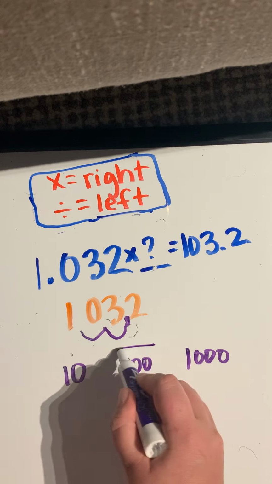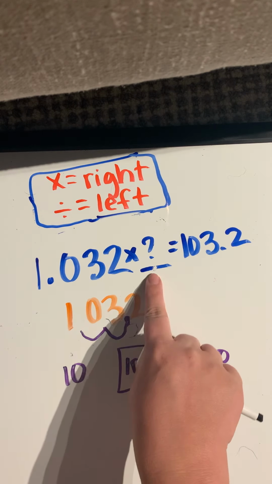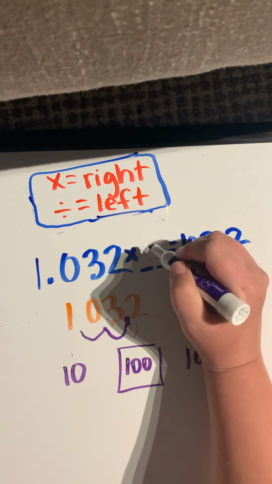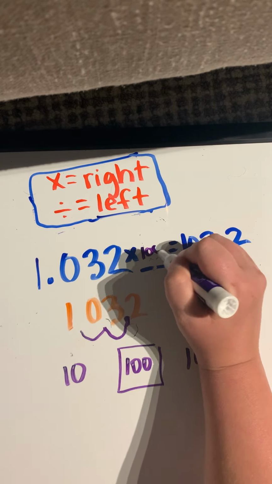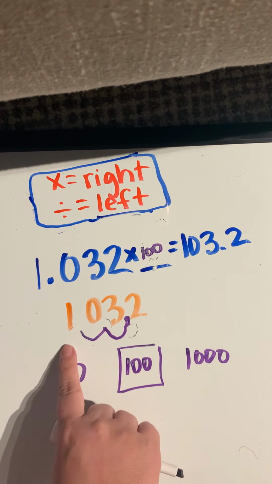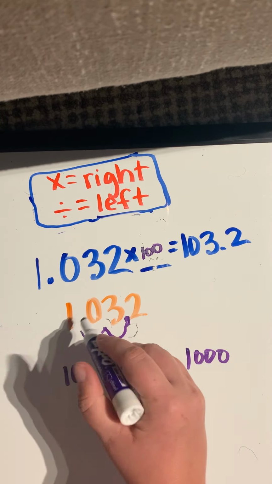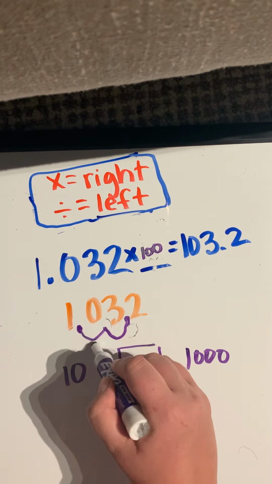Good. 100 is the number that would go right here, because you have 2 zeros in this number 100, and you moved your decimal place 2 times. Okay, so that's why you have your 2 zeros right there.